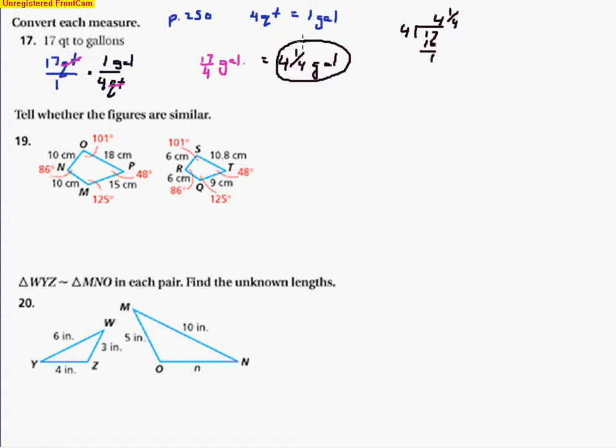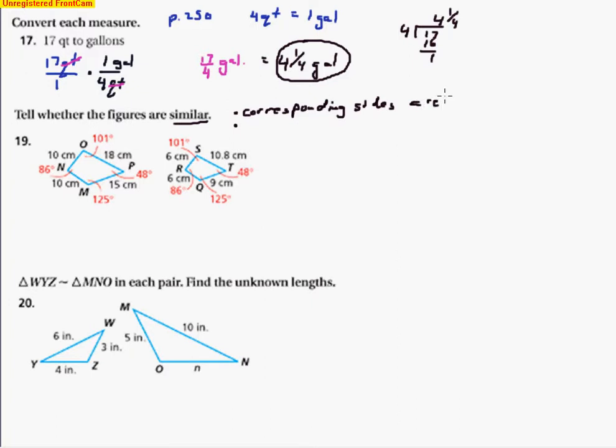Let's take a look at another one here. This next set of directions asks us to tell whether the figures are similar. There's 2 criteria for it to be similar. Number one, we have to have the corresponding sides be proportional.